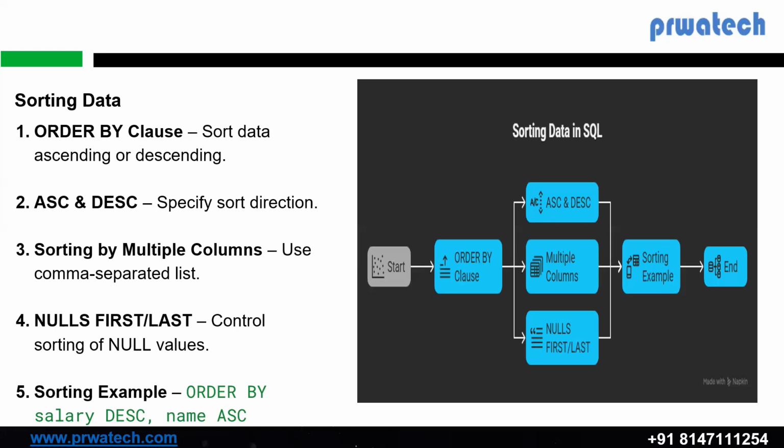If you mention NULLS FIRST, it will get the data having null values first. Sorting example: ORDER BY salary descending, name ascending. Like that you can try it out.